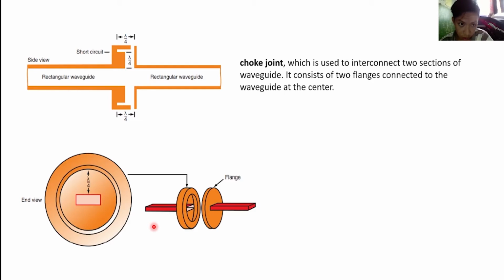One of the advantages of this is that you can also manufacture it in pieces. This choke joint is also used especially if you're having a pressurized waveguide, where you put nitrogen gas inside the waveguide in order to avoid moisture build-up.